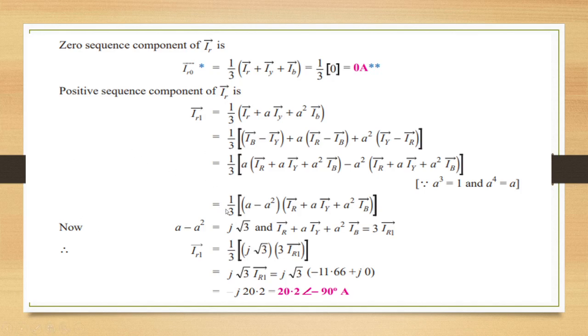So IR1 is coming as 1/3 of A minus A square into IR plus AIY plus A square IB. A minus A square is J root 3. This is the property of operator A.